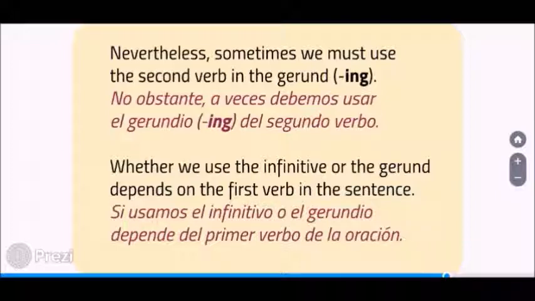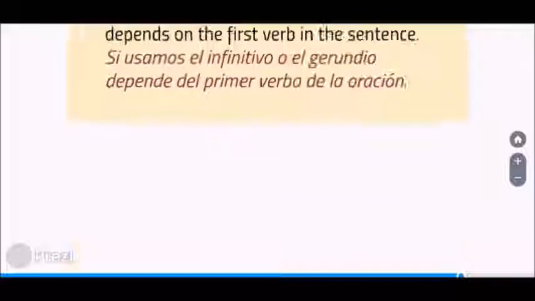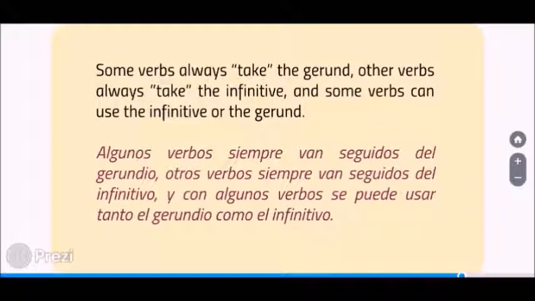Whether we use the infinitive or the gerund depends on the first verb in the sentence. Some verbs always take the gerund. Other verbs always take the infinitive. And some verbs can use the infinitive or the gerund.